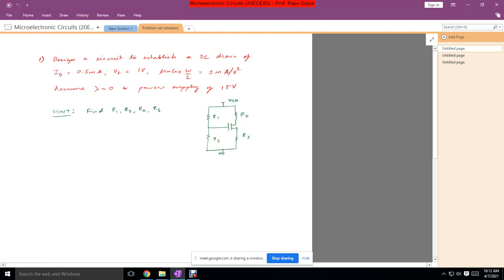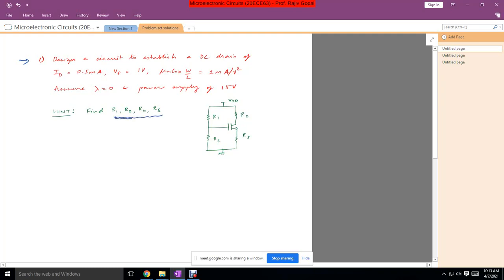Right, so let us look at the first problem. Typically all the problems involved in microelectronics are design problems. When I say design, you have to draw the circuit diagram and find all the resistor values.